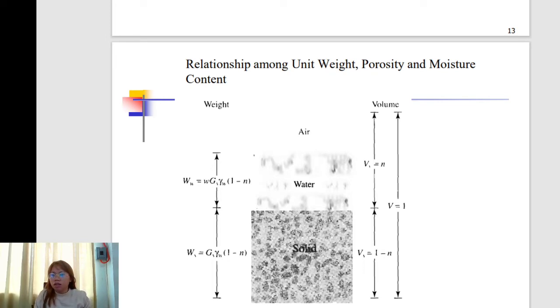And in terms of porosity, the volume of soil solids is equal to 1 minus n, and the volume of voids, composed of air and water, is V sub V equal to n, and the total volume is equal to 1. That is in terms of porosity.